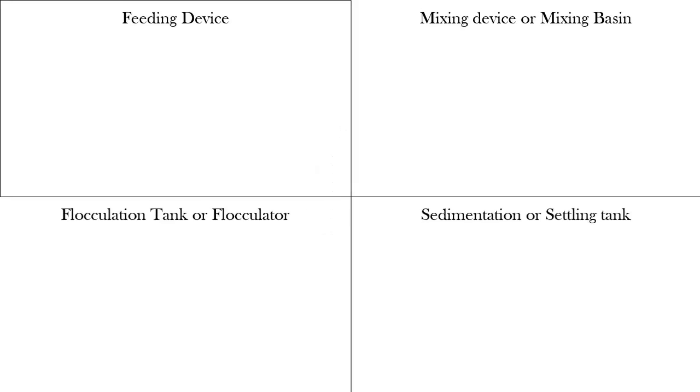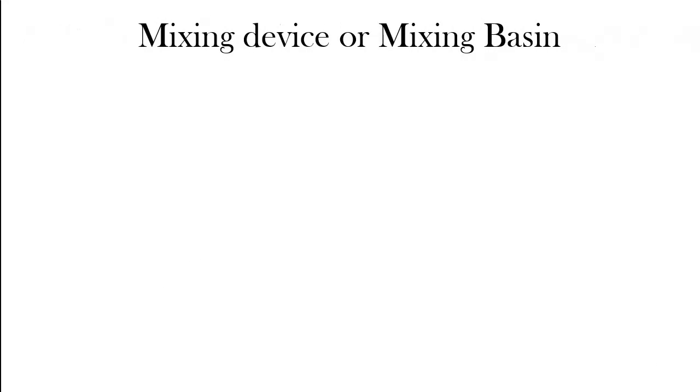The units of a coagulation sedimentation plant are divided into 4 parts. The first one is feeding devices, the second one is mixing device or mixing basin, the third one is flocculation tank or flocculator, and the fourth one is settling or sedimentation tank.